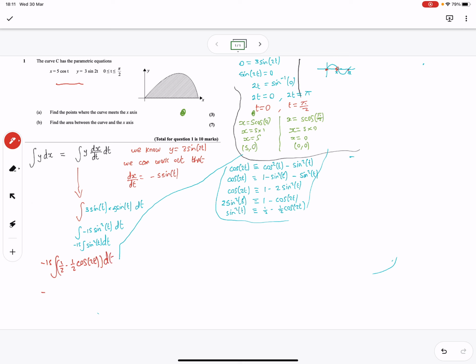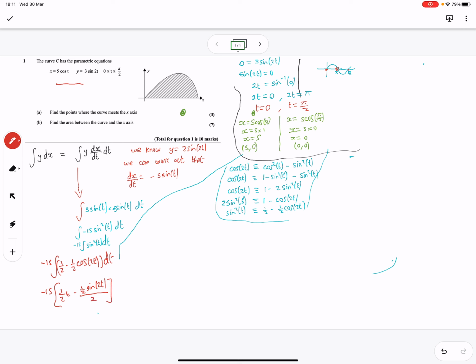So that's minus 15 multiplied by 1/2, which integrates to 1/2 t. And the minus cos 2t integrates to minus 1/2 sine 2t divided by the differential of the inside bit, the differential of 2t, which is 2.